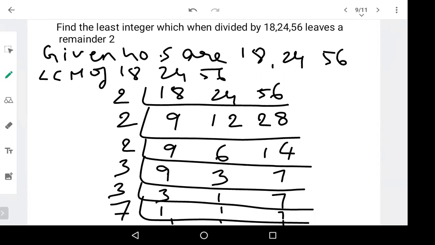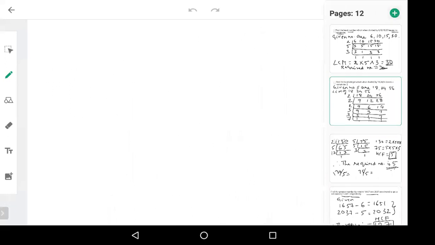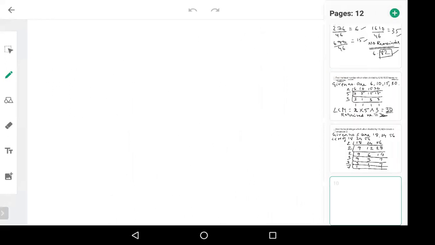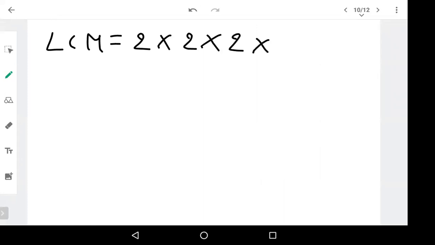Okay, so what is the LCM that I would get? LCM is equal to 2 into 2 into 2 into 3 into 3 into 7. So how much do I get? 504. Good. 504 is what I get as LCM.